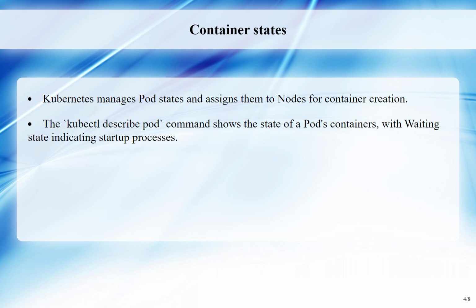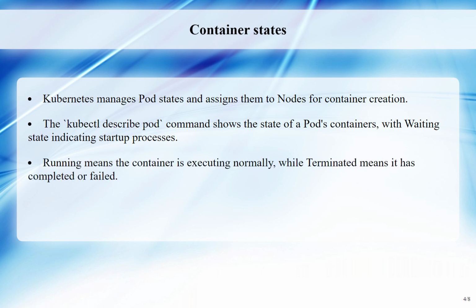A container in the waiting state is still in the process of starting up, such as pulling container images from a registry or applying secret data. Running indicates that a container is executing without issues, with any post-start hooks already executed.